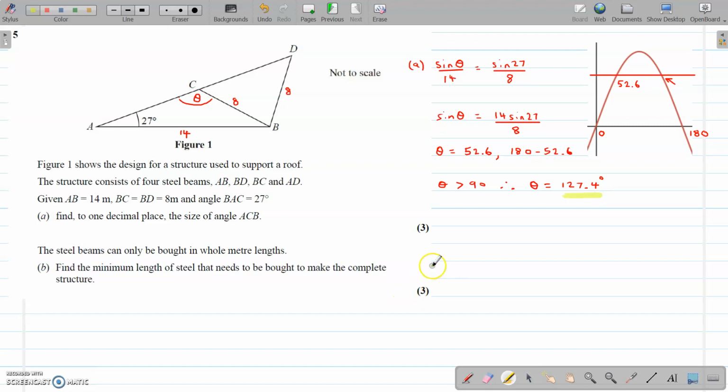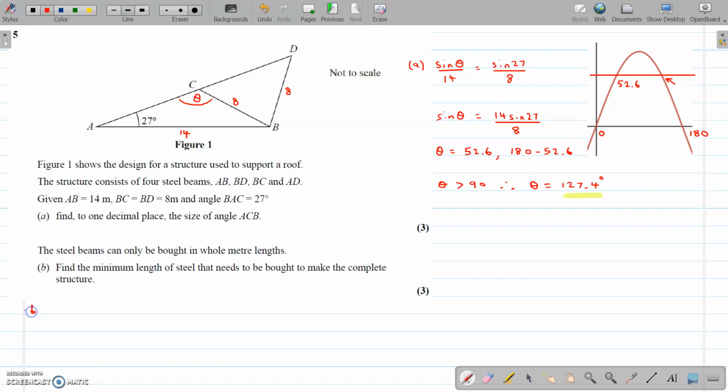Okay, so just be wary of that, and use the diagram in conjunction with your calculations.